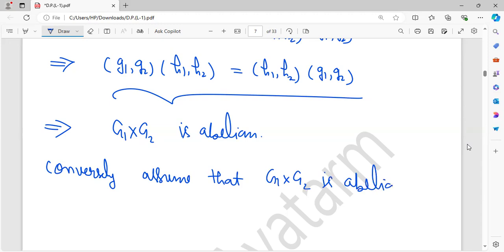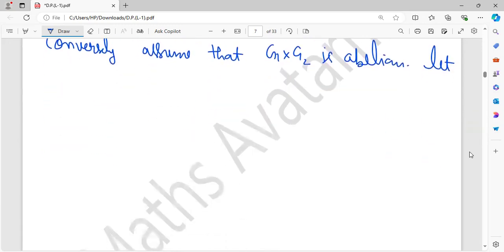Okay. Let g1 and h1 belong to G1 and g2, h2 belong to G2.